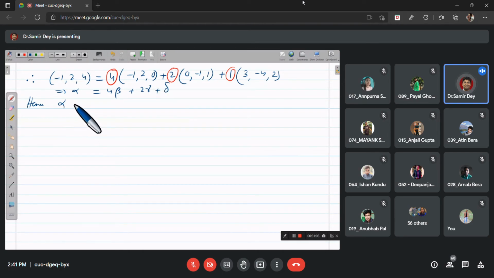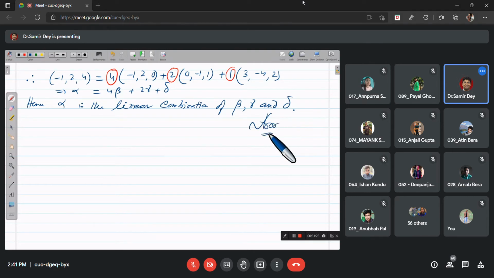So hence alpha is the linear combination of beta, gamma and delta. Is it clear or not?